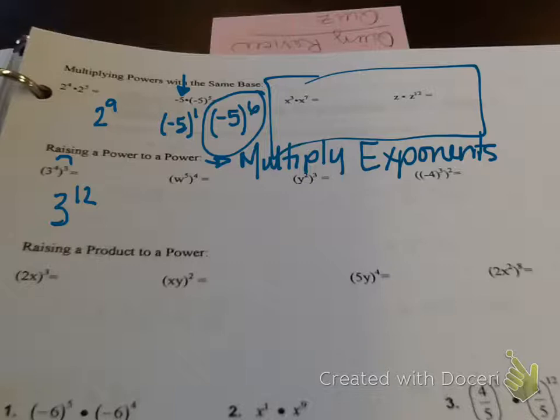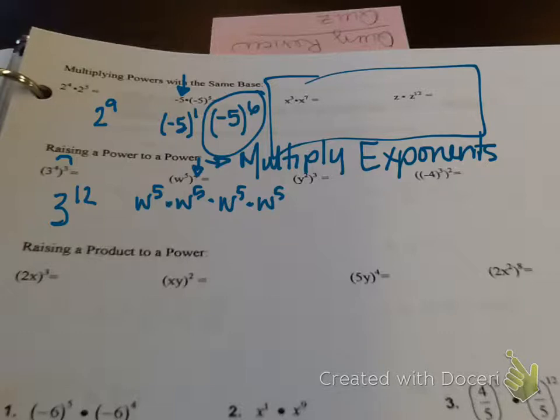Because, let's take a look at w to the 5th raised to the 4th power. Here's why. We have w to the 5th times w to the 5th times w to the 5th times w to the 5th. So we have w to the 5th 4 times. And then if I did all of those out, I would have 5 w's, 5 w's, 5 w's, and 5 w's.